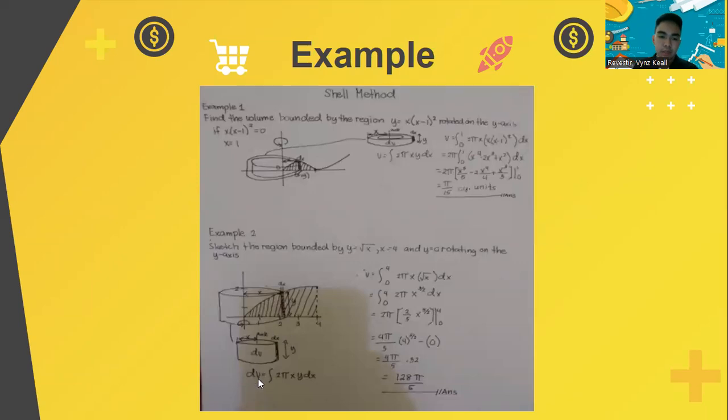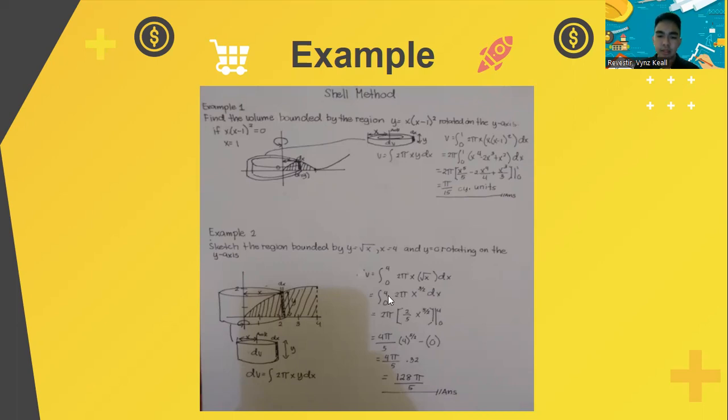So the derivative of the volume is equal to the integral of 2 pi xy dx. So the volume is equal to the integral of 2 pi x, substituting square root of x for y. So 2 pi x times square root of x dx, with limits 0 to 4, equals the integral of 2 pi x raised to 3/2 dx.